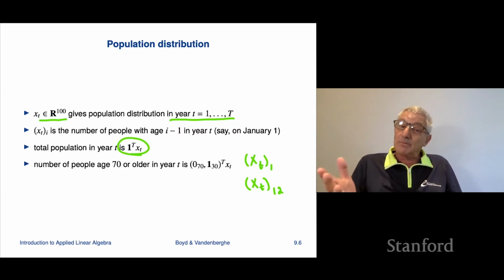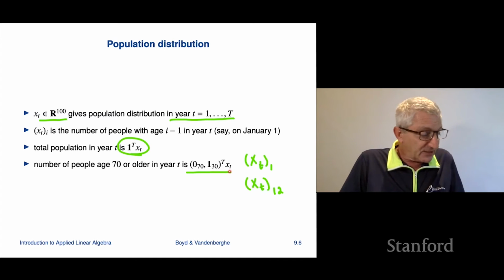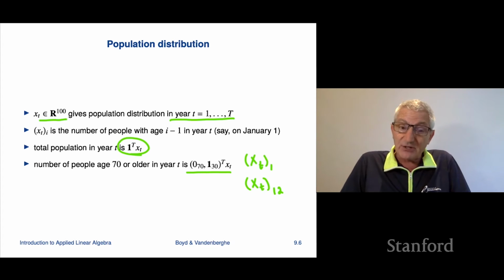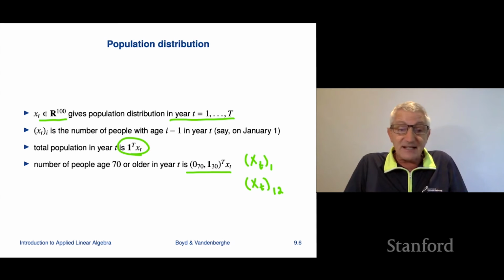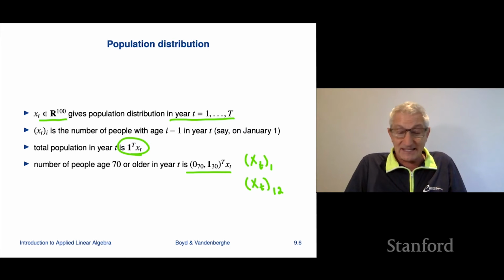Okay, but if you wanted other things, for example, this vector, I should say what that is. That is a concatenation of 2 vectors, or stacking. First we stack 70 zeros on top of 30 ones. And what that's going to give you is the total: it's going to sum x71, x72, x73, all the way up to x100.